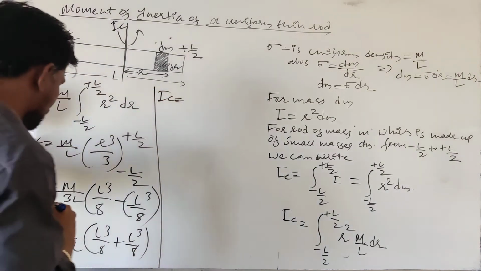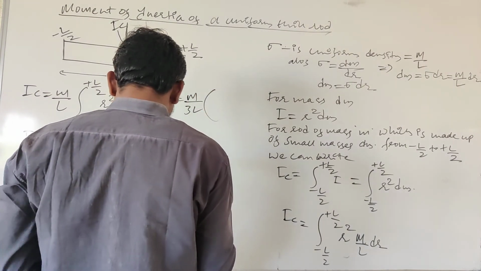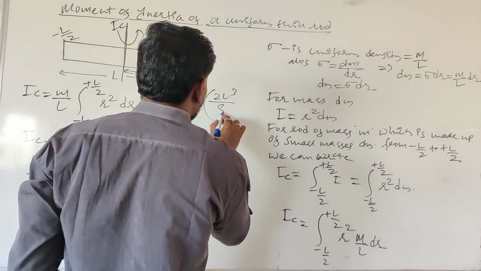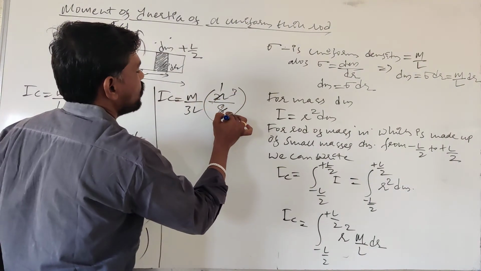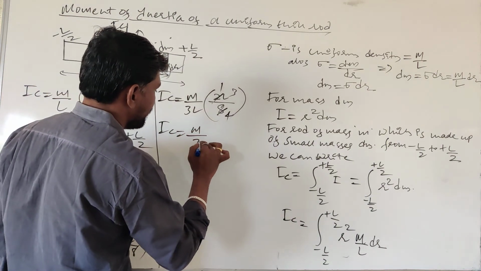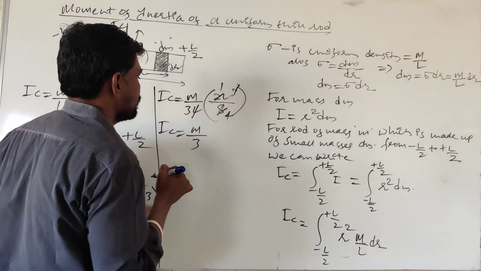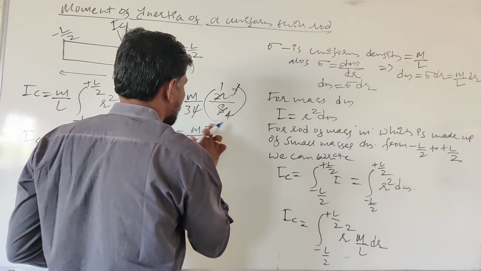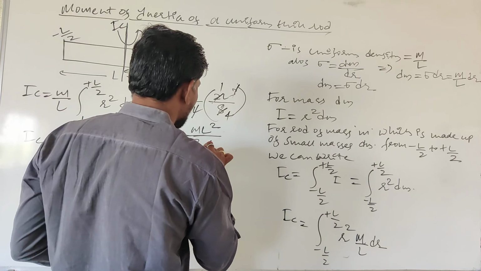So IC is equal to m divided by 3L into 2L cube divided by 8. 2 fours are 8, so then IC is equal to m divided by 3L into L cube divided by 4. One L cancels, so only 3 remains here: m L square divided by 3 into 4.